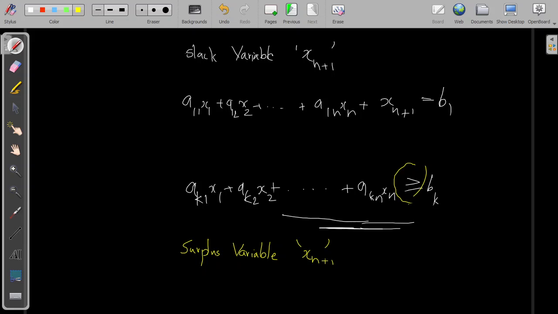So our new constraint is converted into the standard form like this: ak1 x1 plus ak2 x2 plus etc plus akn xn minus xn plus 1 equal to bk. So this is converted into the standard LPP problem.